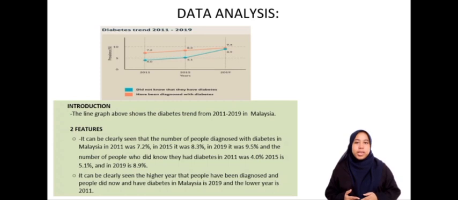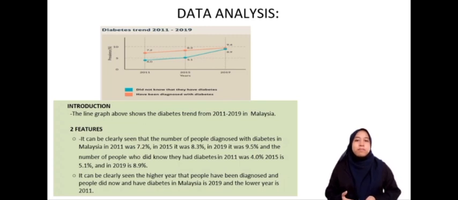Introduction for this topic: the line graph shows the diabetes trend from 2011 to 2019 in Malaysia. Two features in this graph: it can be clearly seen that the number of people diagnosed with diabetes in Malaysia in 2011 was 7.2%. In 2015, it was 8.3%. In 2019, it was 9.5%.